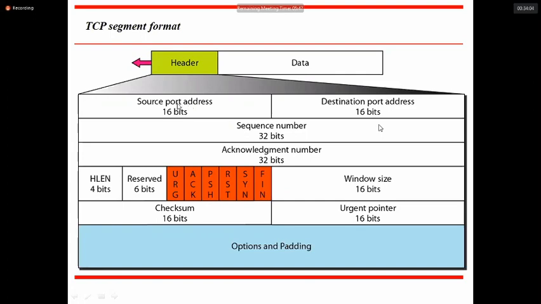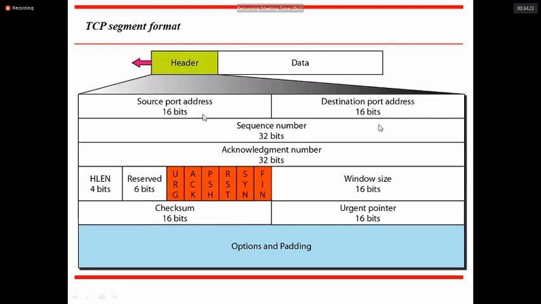Basically, the size of a header is 20 to 60 bytes. 20 is the minimum and 60 is the maximum. Next, I have the source port address.